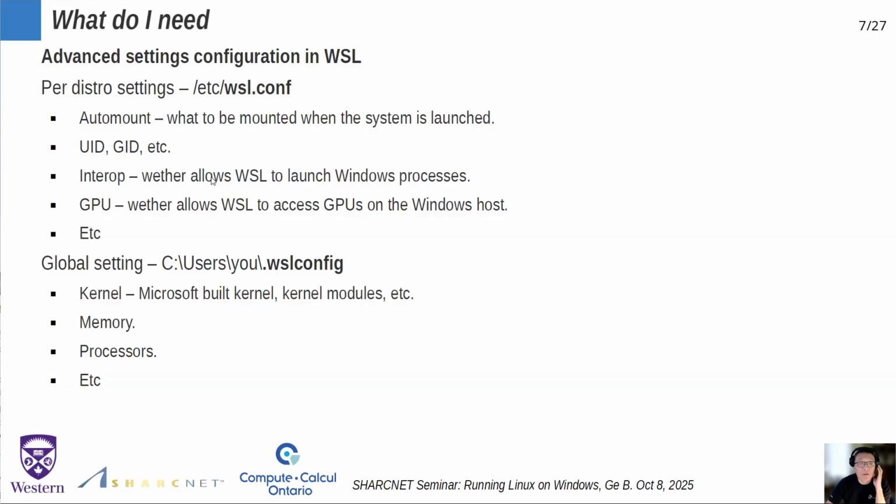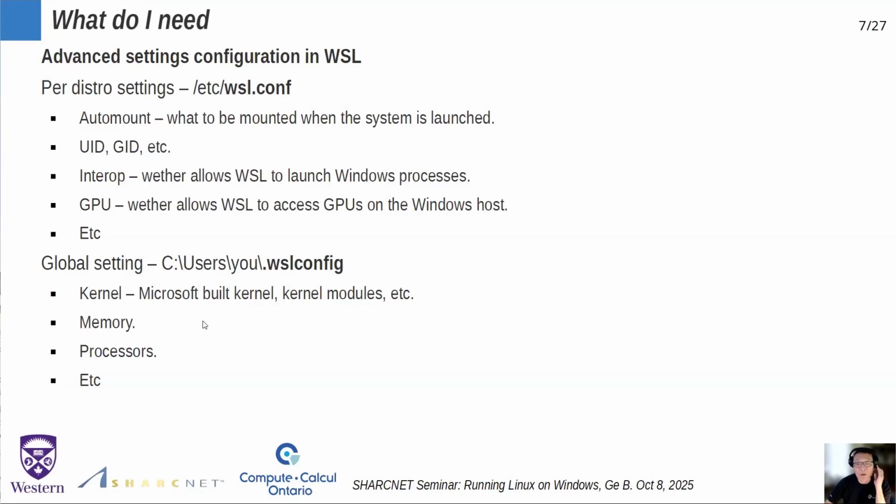It controls automount, UID, GID, and other things. But if you're not an advanced Linux user, you might just ignore it. It's already set by default. You don't need to worry about that.